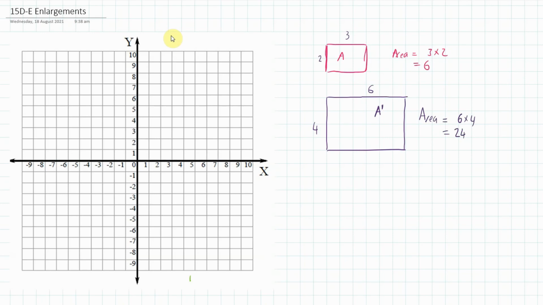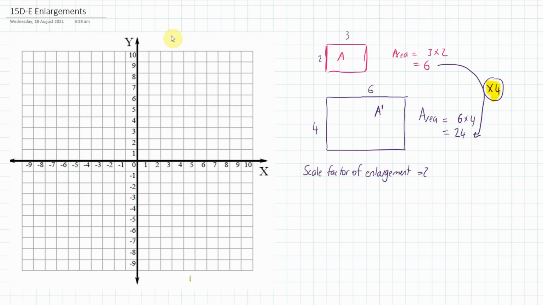Now, this might make you a little bit confused, because the scale factor of enlargement was actually 2. But if you look at getting from 6 to 24, it's actually times by 4. So we're just going to briefly talk about why that is.